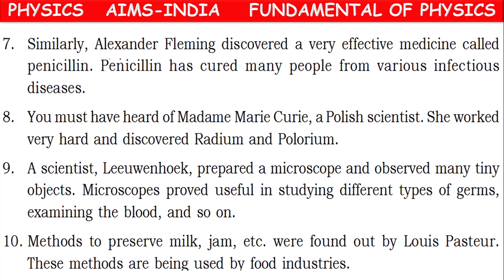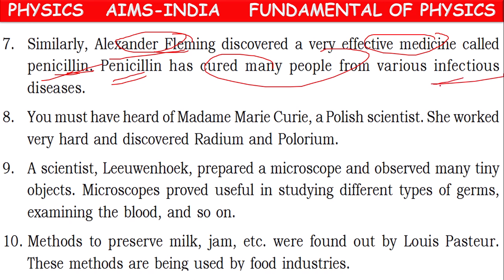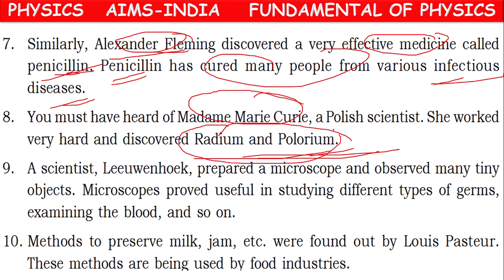Similarly, Alexander Fleming discovered a very effective medicine called penicillin. Penicillin cured many people from various infectious diseases. Madam Marie Curie worked hard and discovered radium and polonium, which is used in nuclear reactors for generating energy.